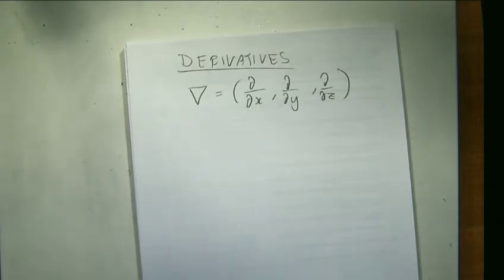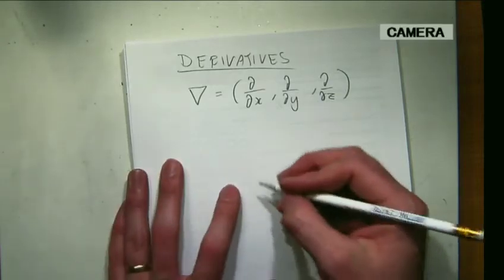So there is the grad, there is the div, and there is the curl. Your grad is designed for scalar fields, and your div and curl are designed for vector fields.